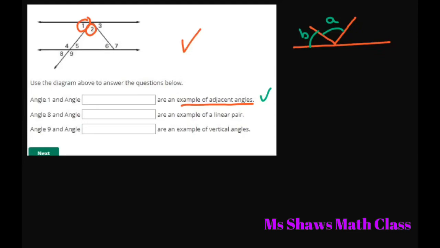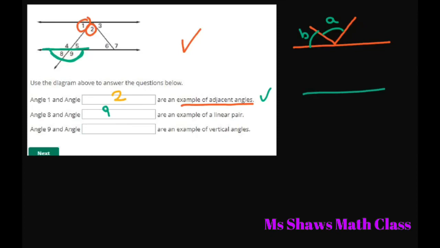All right, linear pair is, so we have an example, let's put 2 in here. Angle 8 and angle 9 are examples of linear pair because they're the pair that form the supplementary line there.